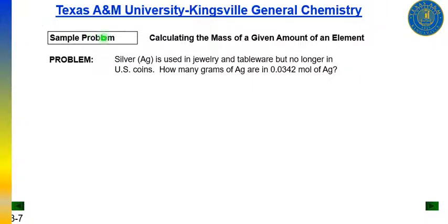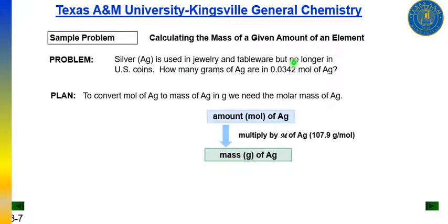Sample problem number 1. Calculating the mass of a given amount of element. For example, you know the moles of silver, Ag, which is 0.0342 moles. I want to understand how many grams of silver are in it.